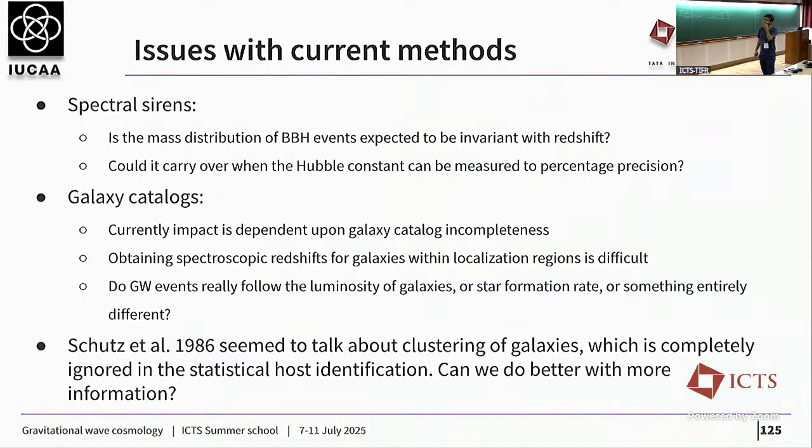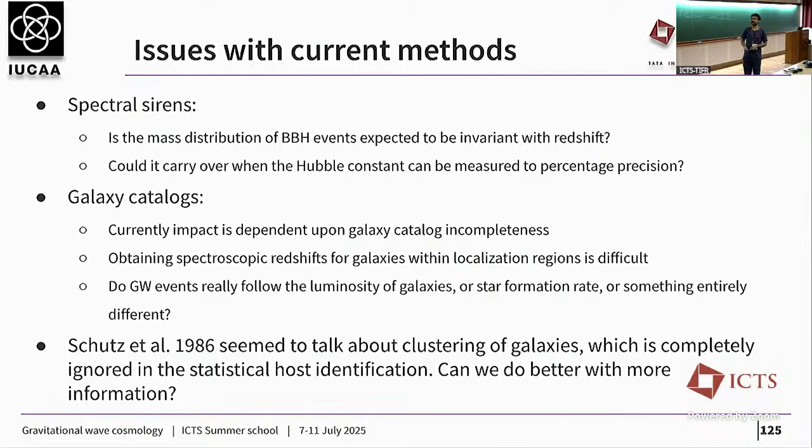But if you look at the Schutz et al. 1986 paper, it seemed to talk about clustering of galaxies. It did not try to talk about host identification. It's written in a time when this idea about the clustering of galaxies, or the clustering of galaxy clusters, was starting to be known for the first time, right?